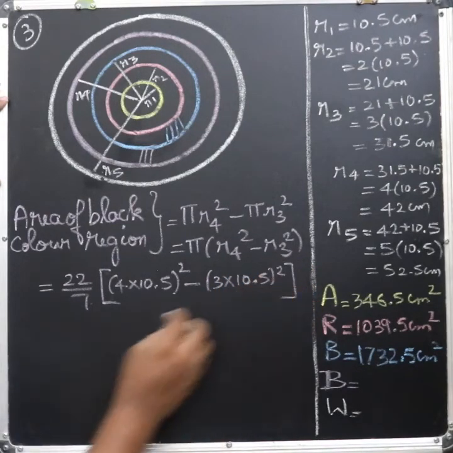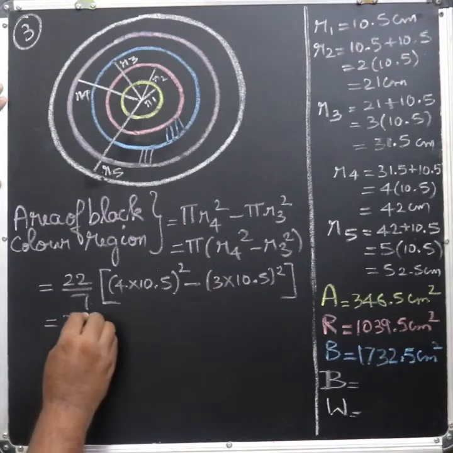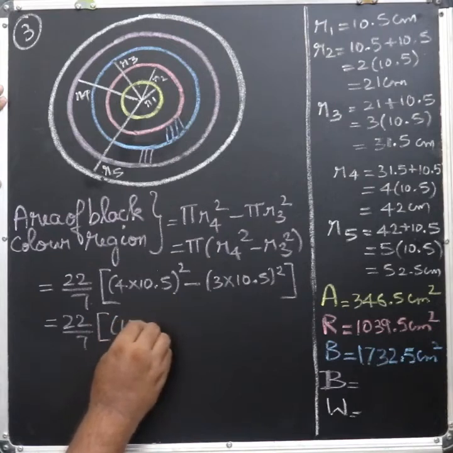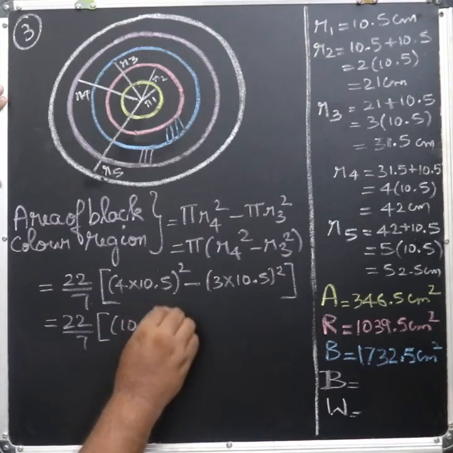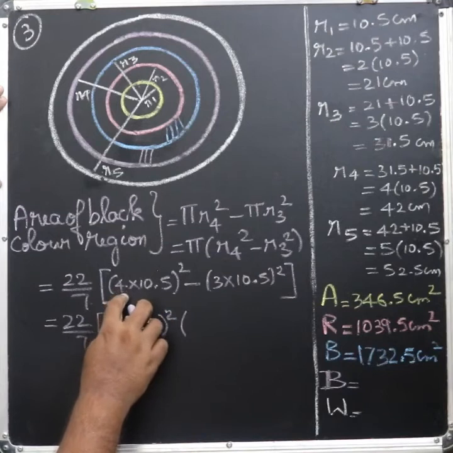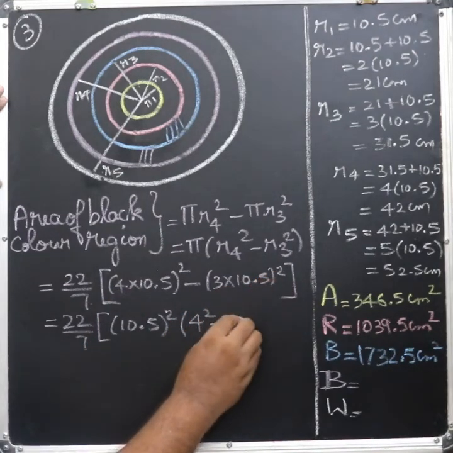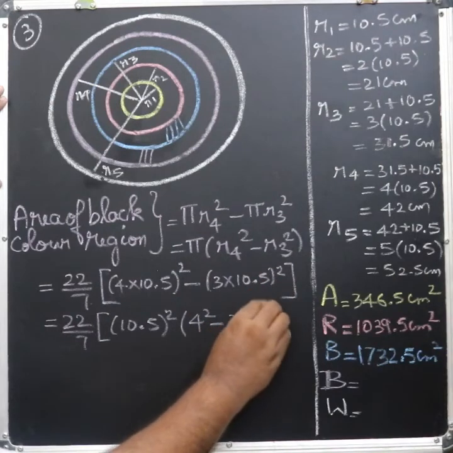Now you can see that 10.5 squared is common, which can be pulled outside. When you pull out 10.5 the whole square commonly outside, then in the first term you have 4 squared and in the second term you have 3 squared remaining.